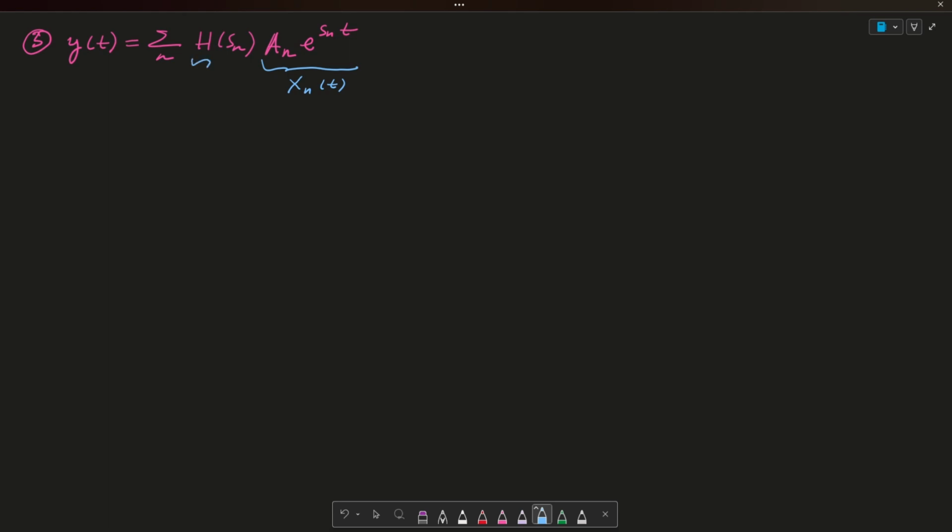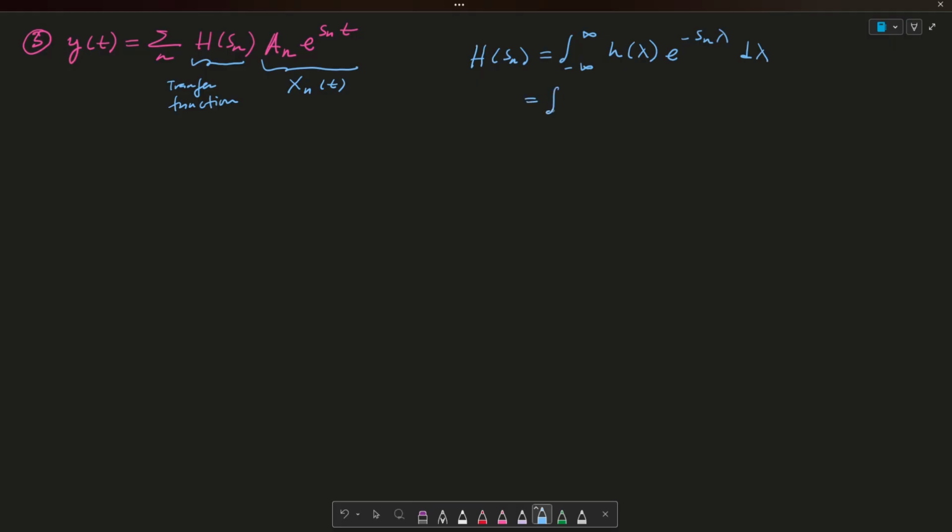We've talked about this before, but this h of Sn is my transfer function. In order to find this h of Sn, we say that h of Sn is equated to the integral from negative infinity to infinity of h of lambda e to the minus Sn lambda d lambda.